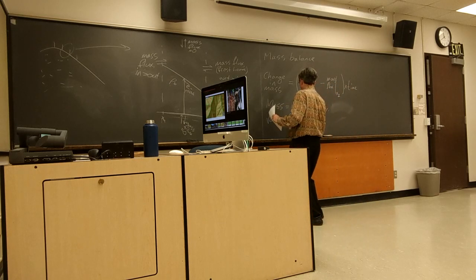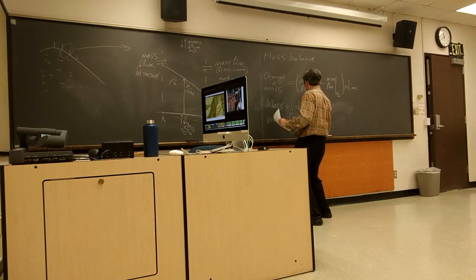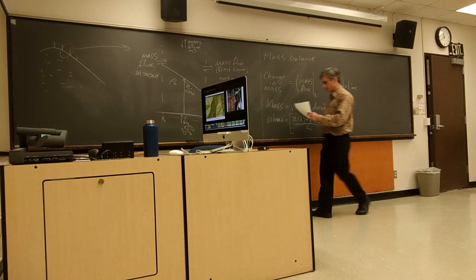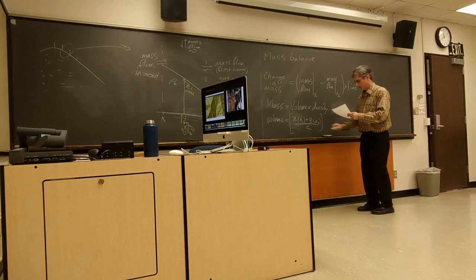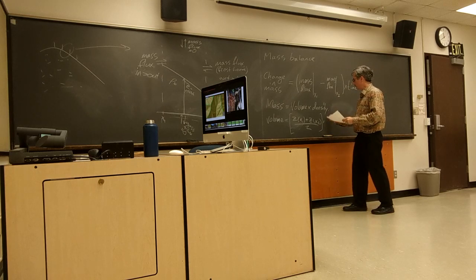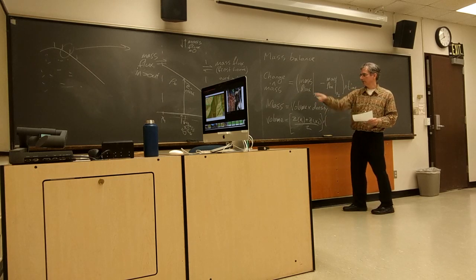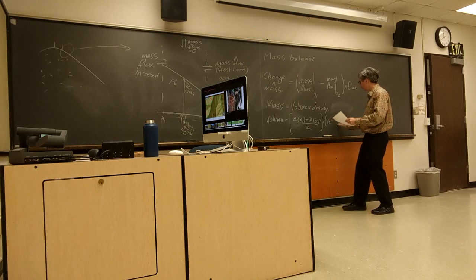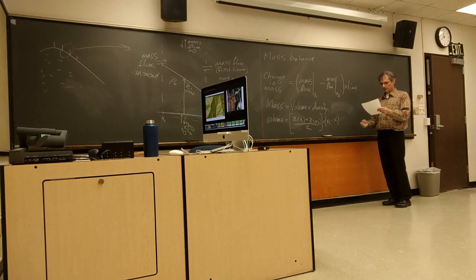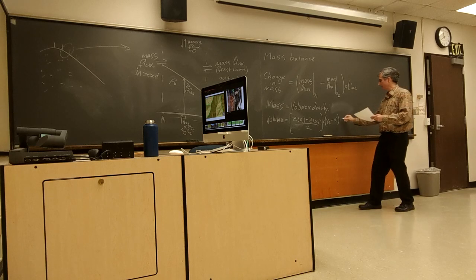So it's going to be the average elevation, which is going to be z at x1 plus z at x2 divided by 2, times the lengthwise distance, which is x2 minus x1, times the increment into the board.